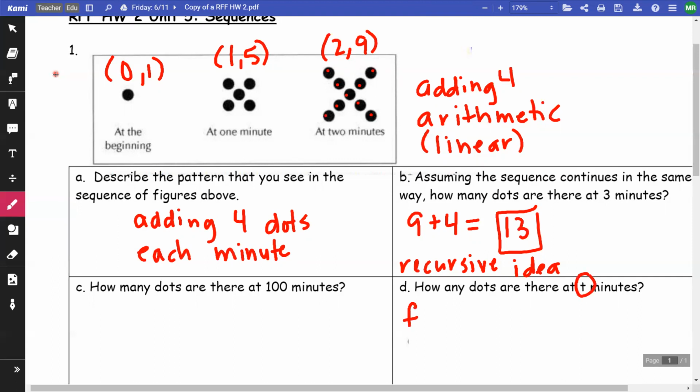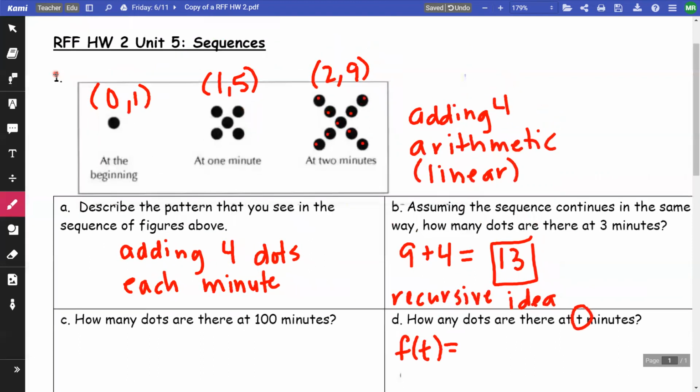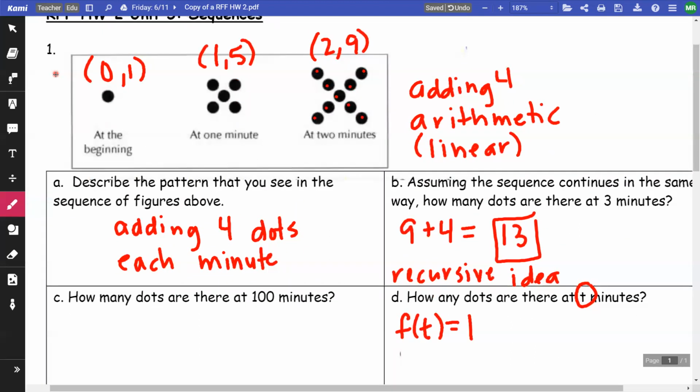So I could do f of t, where t is minutes, is equal to my start, okay? You always start with your start. And my start is 1. And what am I doing? I'm adding 4. Now, since I'm starting with my 0 term, this is important. This is your 0 term. Then this is just going to be n.